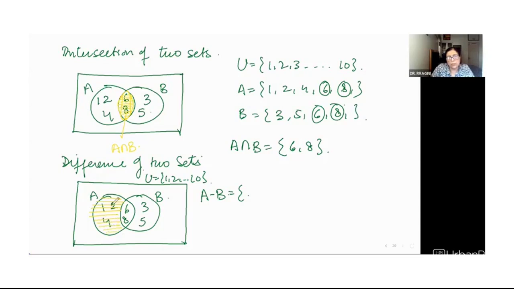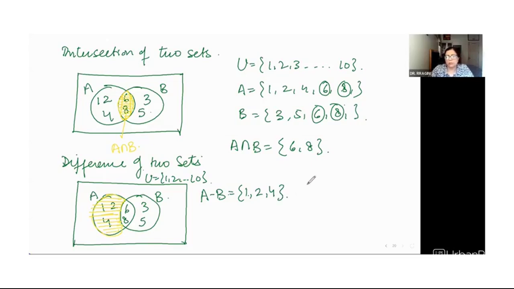I had told you it's only A, right? The portion which is exclusively for A, not shared by B. So you can see what are the elements here. When we exclude the elements which are shared by B, those are 1, 2, and 4.